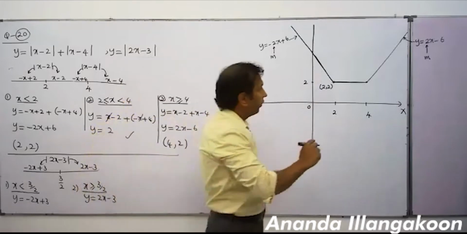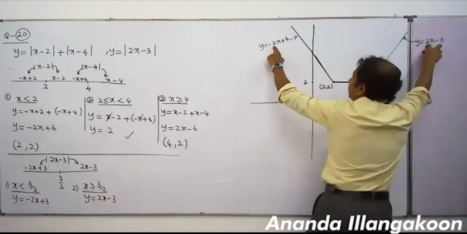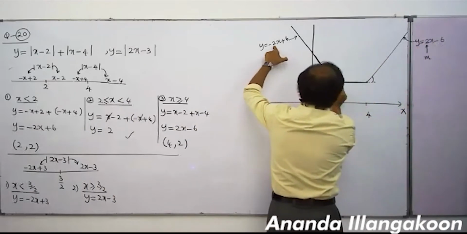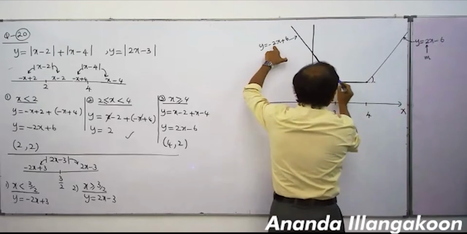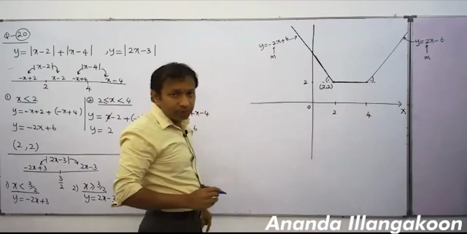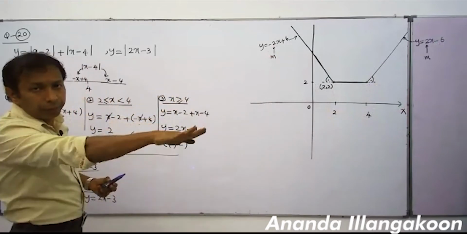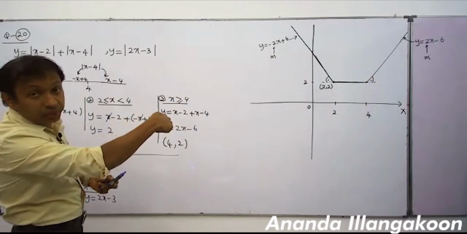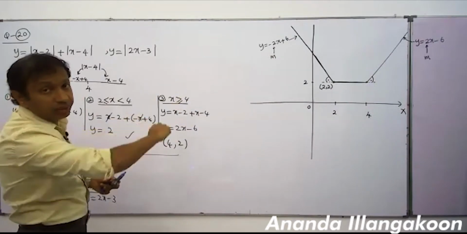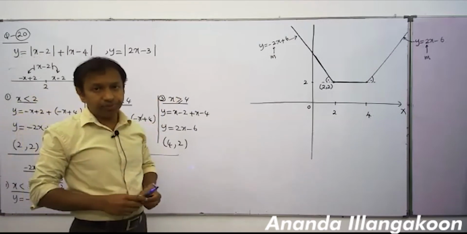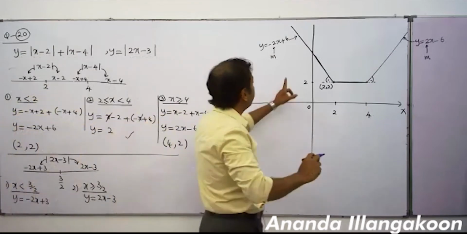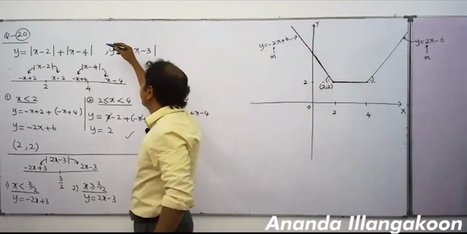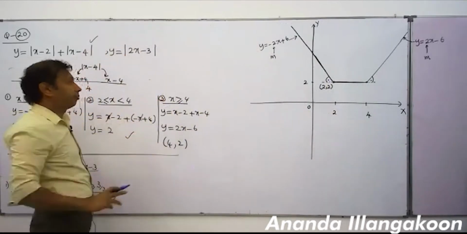Then remember, since the gradients are equal and differ by a minus sign, these two angles must be equal. Gradient plus 2 gives the angle with the positive x-axis. For gradient minus 2, on the negative side of the x-axis, we have to measure the angle. Those two angles are equal. Right. So this is the equation of that first graph. The graph is that.